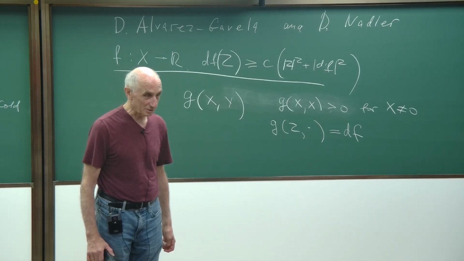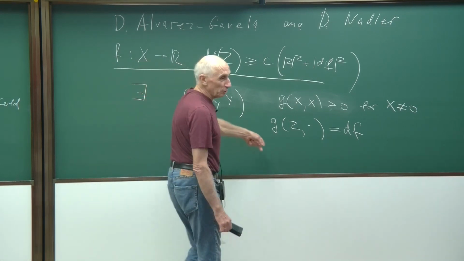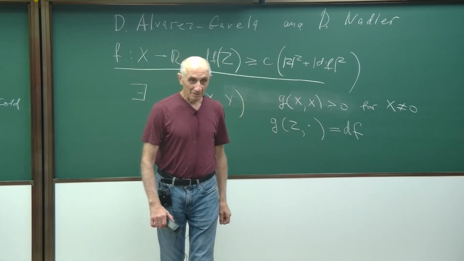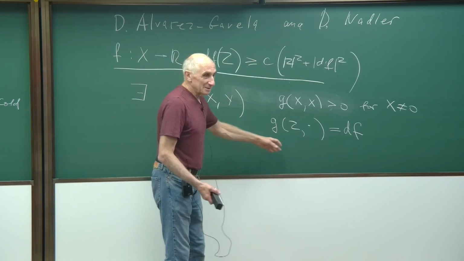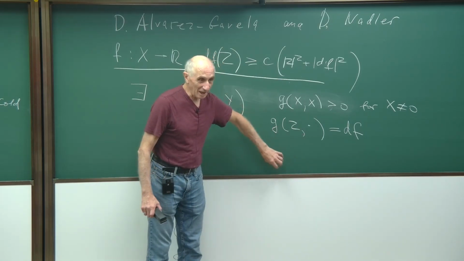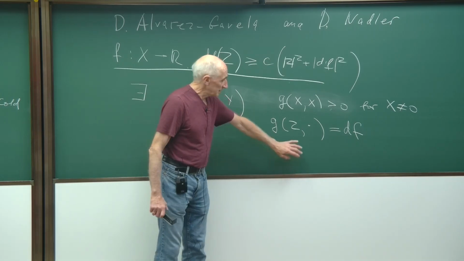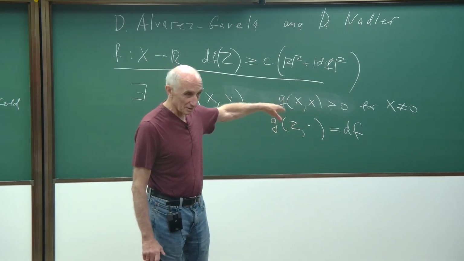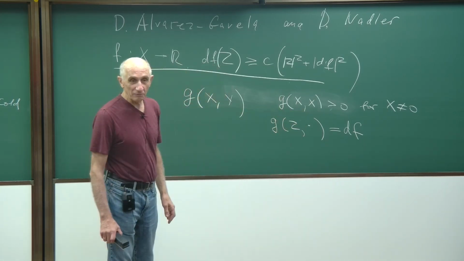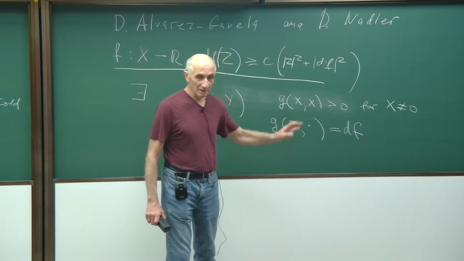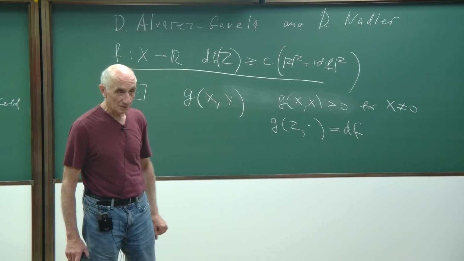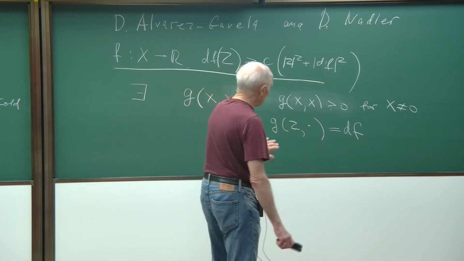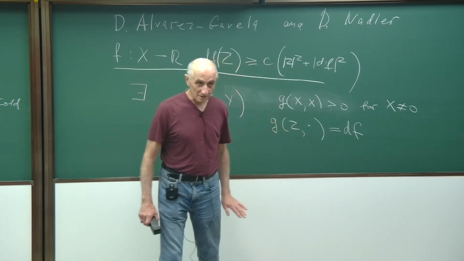So you drop this condition. It's easy to prove that this condition implies this one, so it's a stronger condition. I don't want to waste time, but it's a simple exercise to prove that with this condition, the perturbation is possible. So you can always perturb to Morse in this class. You have to perturb both G and f and make the whole thing Morse, like any C-infinity class, you can perturb also G.